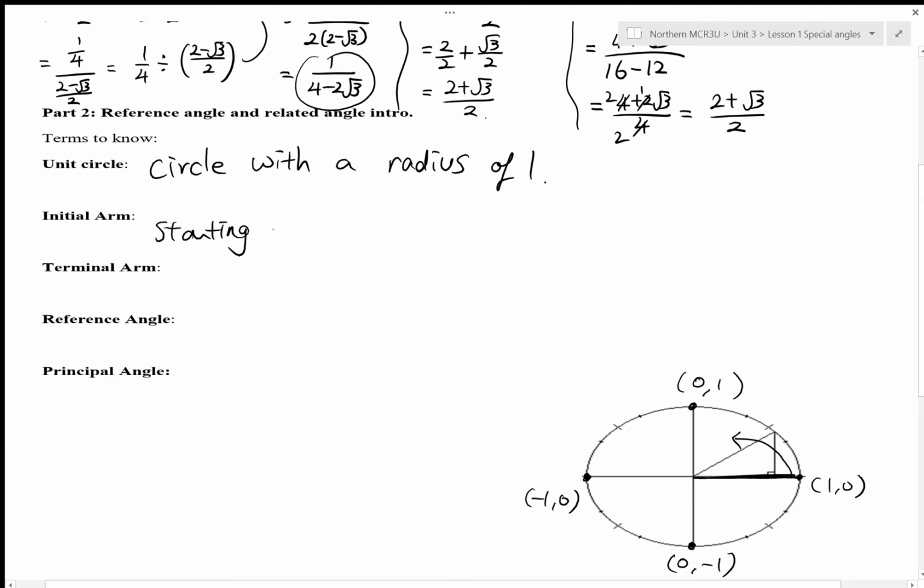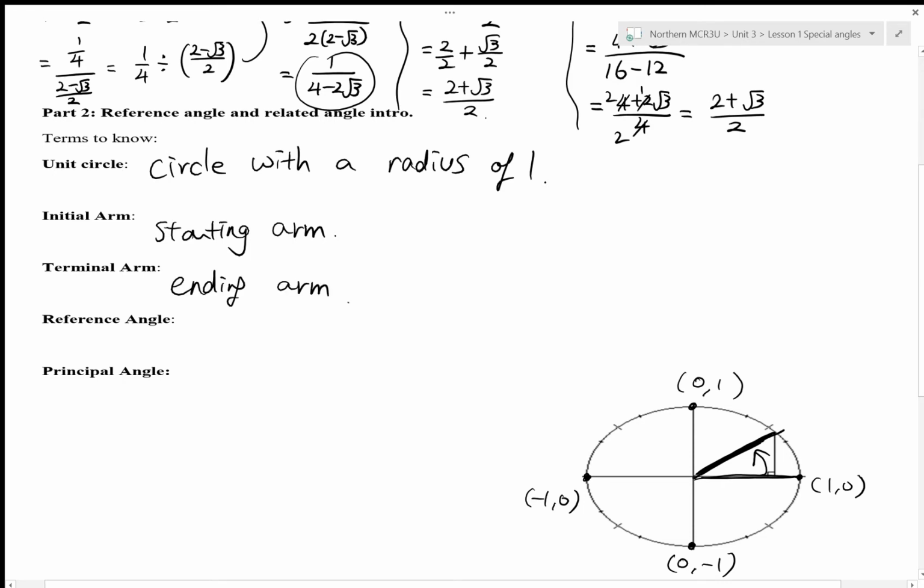Now terminal arm means that the arm actually ends. So this is the terminal arm, because from the initial arm we rotate it and then we stop there. So the terminal arm is basically ending.